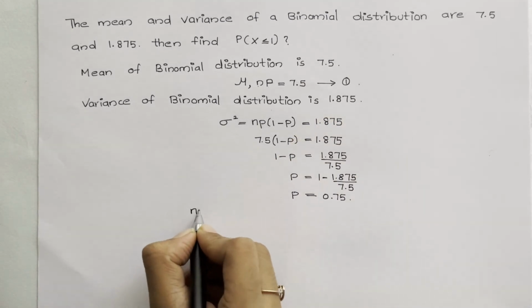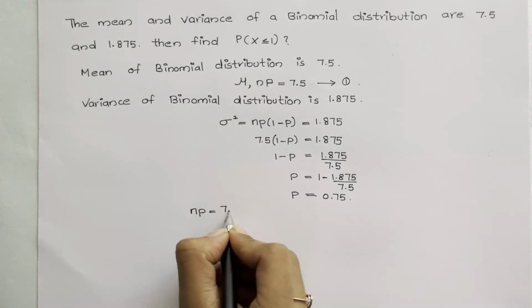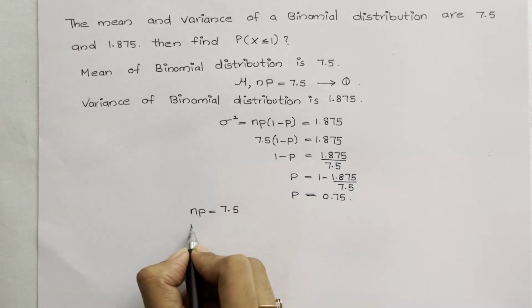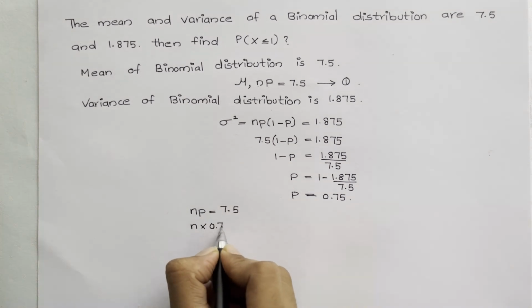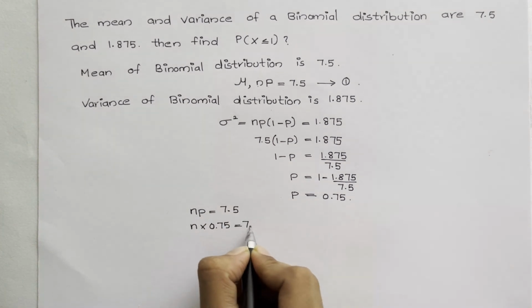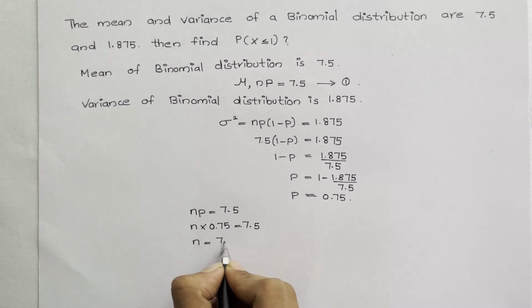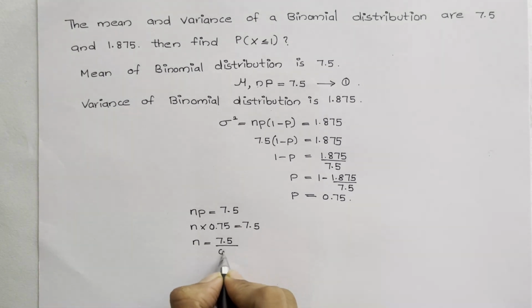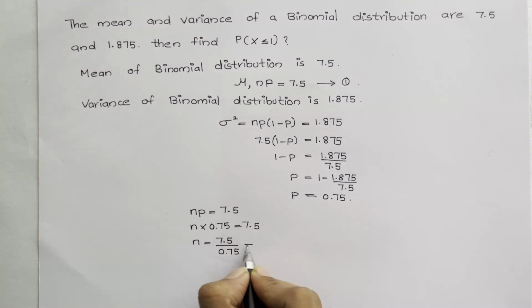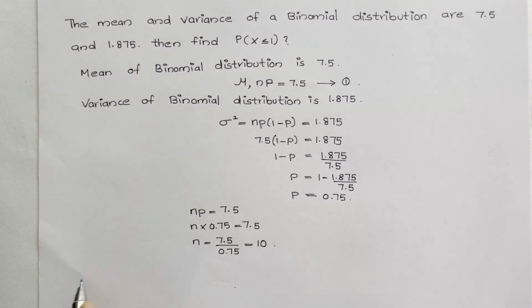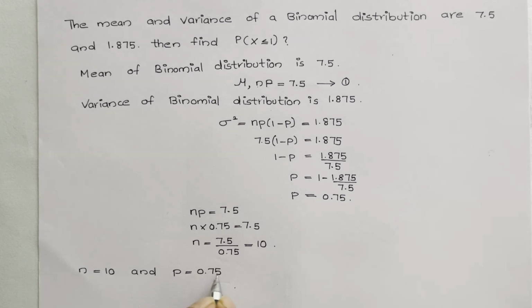That is, np equal to 7.5. Now, n into 0.75 equal to 7.5 implies n equal to 7.5 divided by 0.75 equal to 10. Now, we get n equal to 10 and p equal to 0.75.